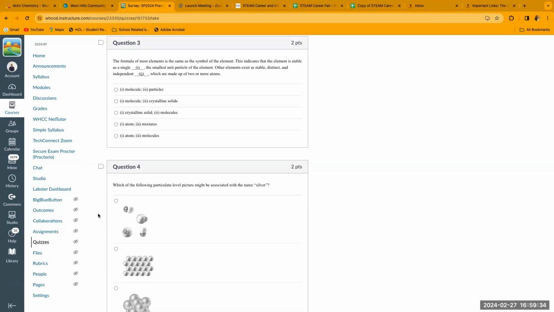Okay. Question number 3. The form of most elements is the same as the symbol of the element. This indicates that the element is stable as a single blank, the smallest unit particle of the element. The other elements exist as stable, distinct, and independent blanks, which are made up of two or more atoms.